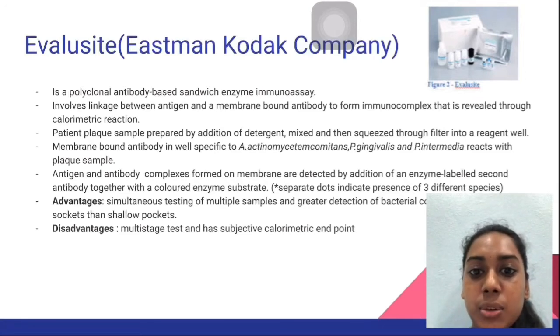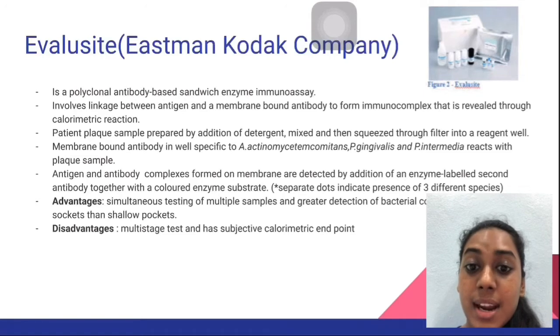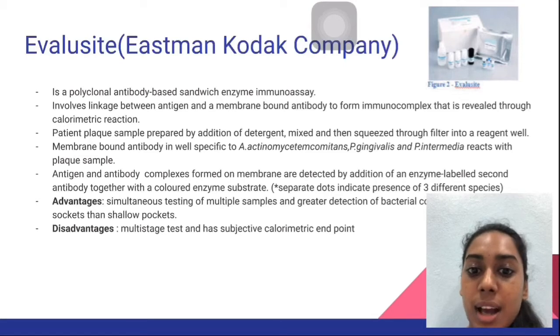Membrane-bound antibody in the well specific to A. actinomycetemcomitans, P. gingivalis, and P. intermedia reacts with the plaque sample. Antigen and antibody complexes formed on the membrane are detected by addition of an enzyme-labeled second antibody together with a colored enzyme substrate. Separate dots will be formed and they indicate the presence of the 3 different species.